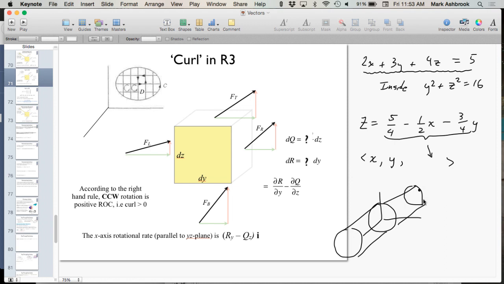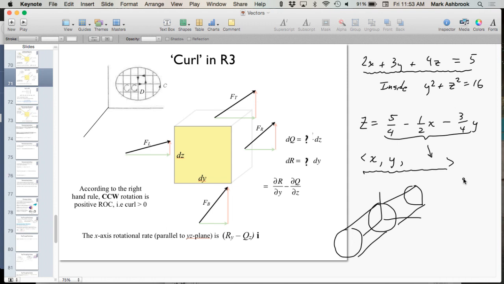Okay, so there needs to be some coherence here between what we do and what our restriction is.